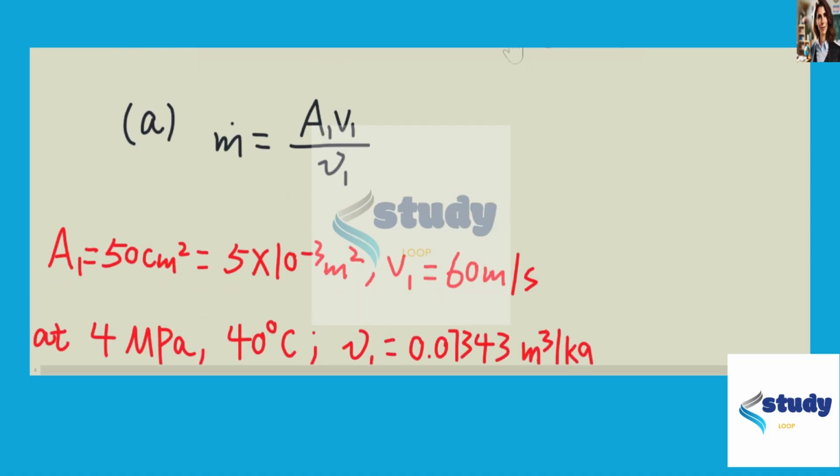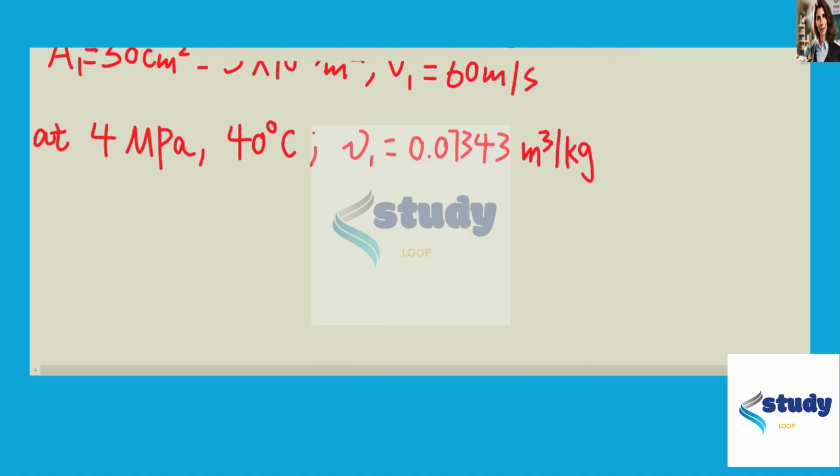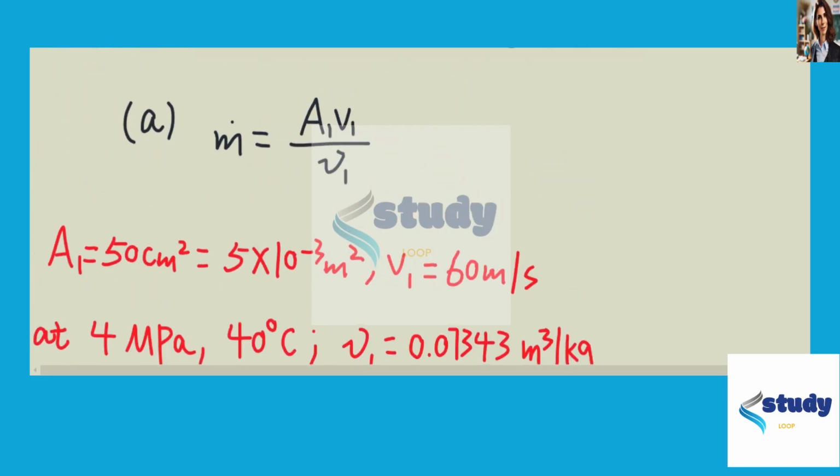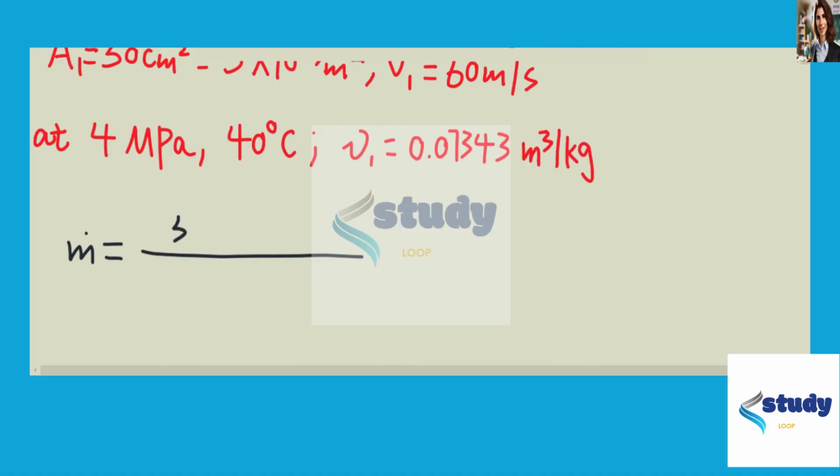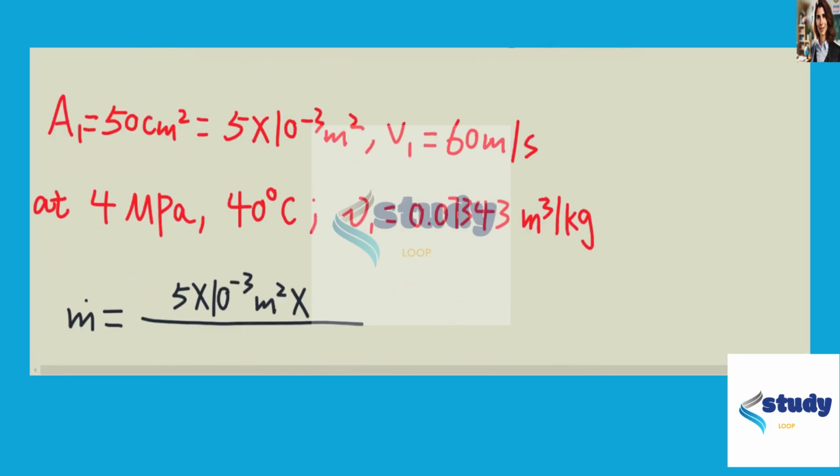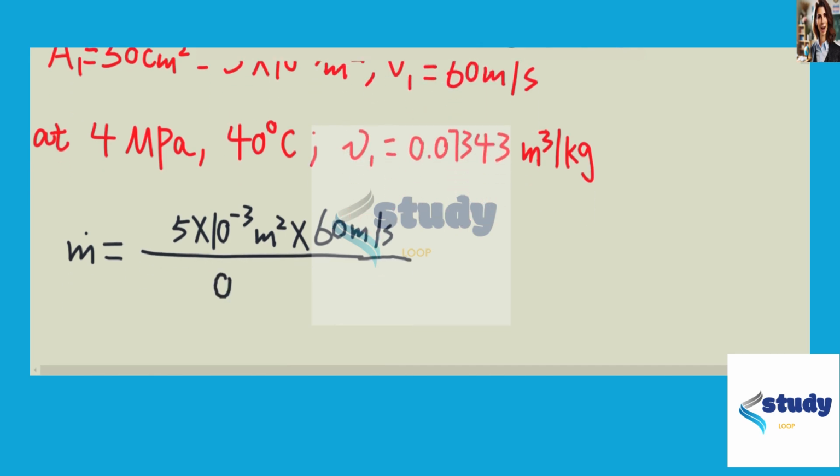And if we plug back into the equation, we'll have the mass flow rate is equal to A1, which is 5 times 10 to the power of negative 3 meters squared, times 60 meters per second, over 0.07343 meter cube per kilogram.